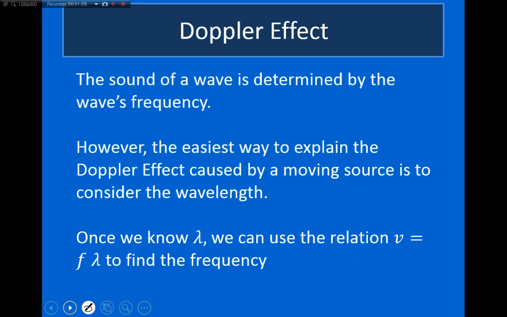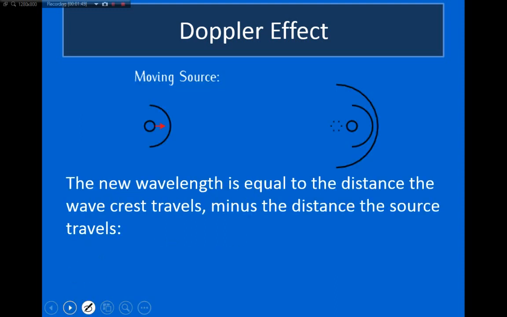Now, even though the frequency is what's responsible for the pitch of a sound, it's easier to calculate the effect of a moving source by first calculating what the change in the wavelength will be, and then using the relationship that the velocity of the wave is equal to frequency times wavelength to find the new frequency.